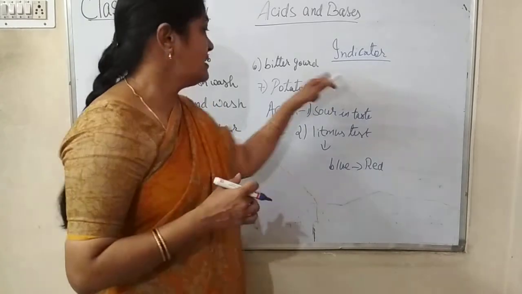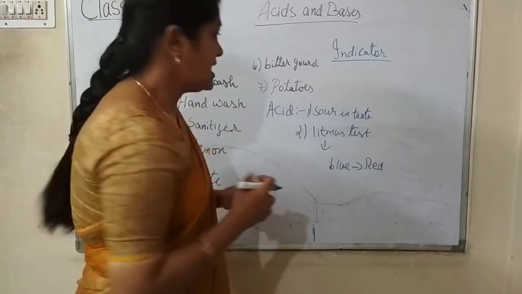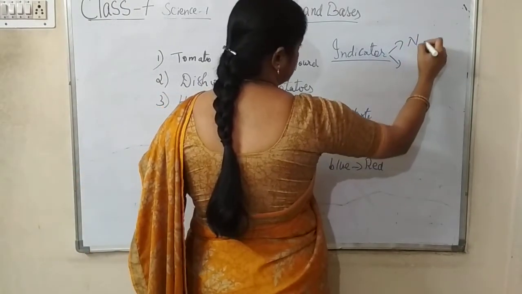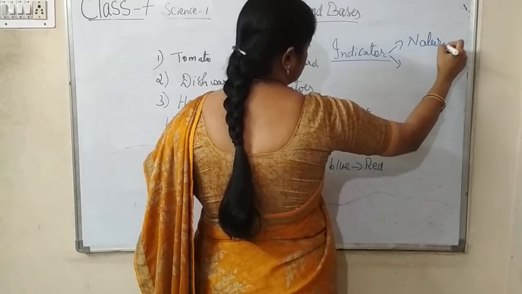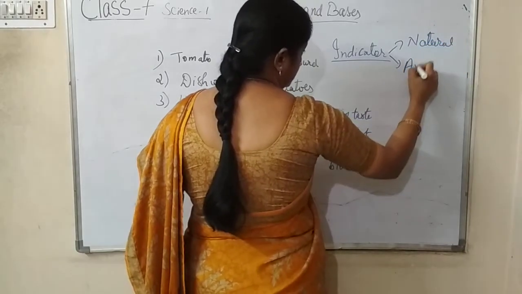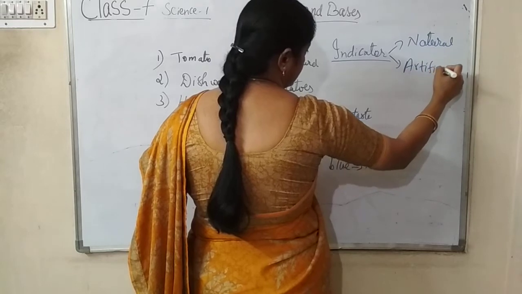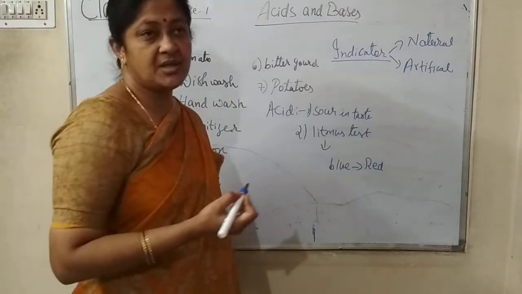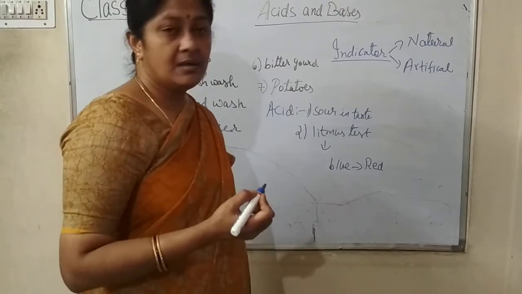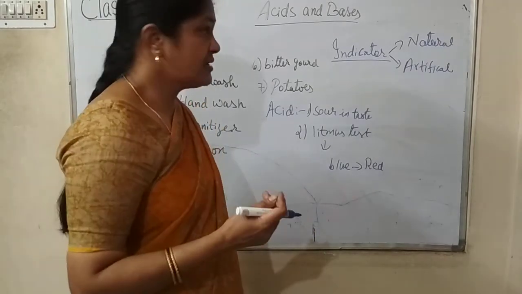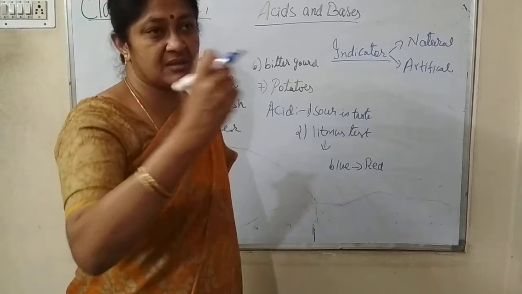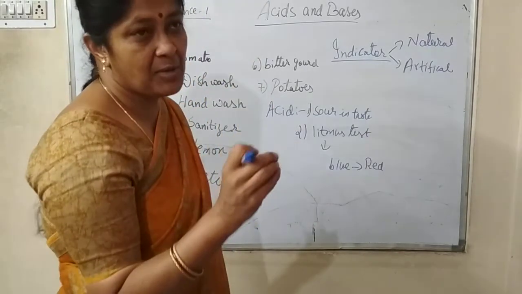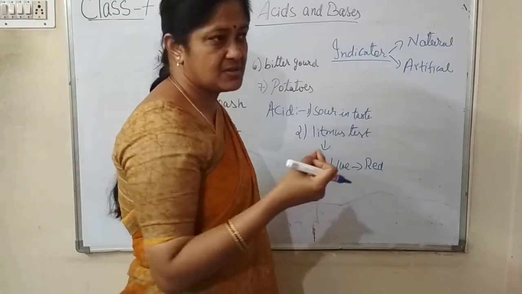So indicators are of two types, natural indicators and artificial indicators. Natural means they are got from nature. Natural indicators are used in the state they are, but we just make them into a paste or a powder.